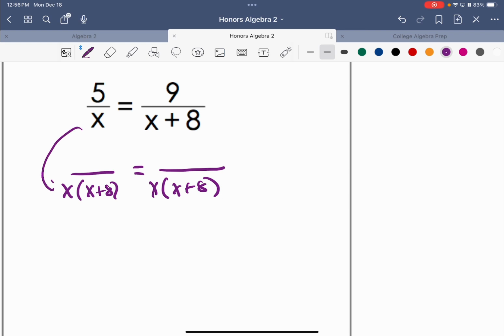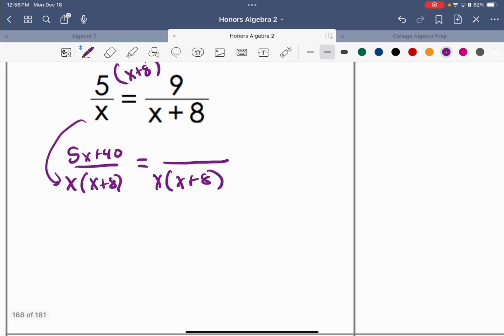Compare the denominators. What do I need to multiply the first one by? X plus 8. So that gives me 5x plus 40. What do I have to multiply this one by?